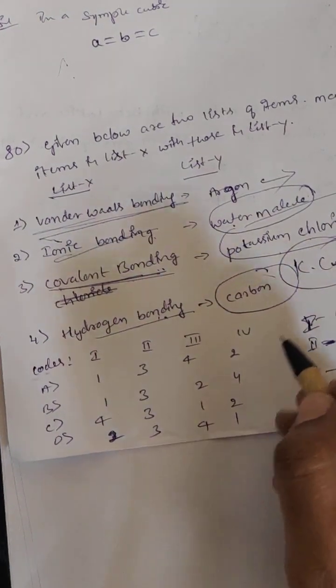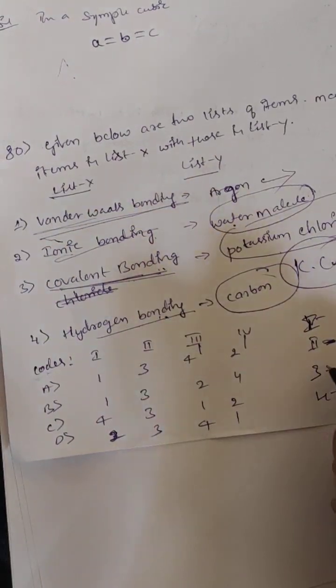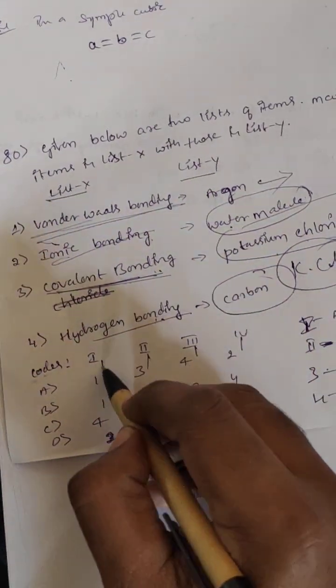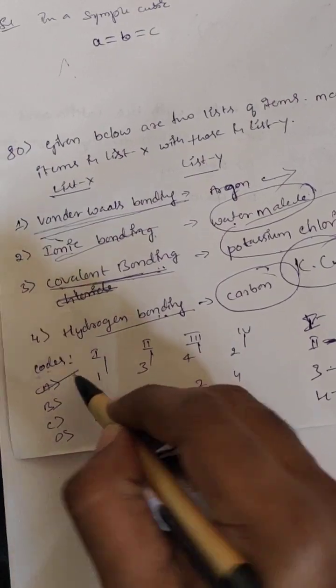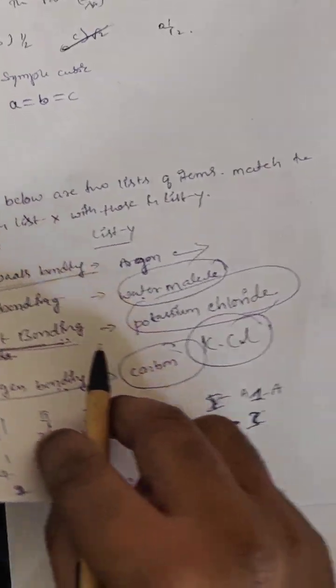So we can see 4 to 2, 3 to 4, 2 to 3, and 1 to 1. So option A is correct.